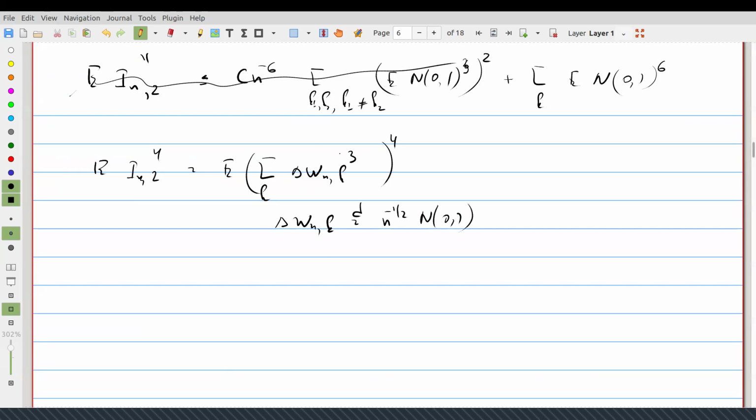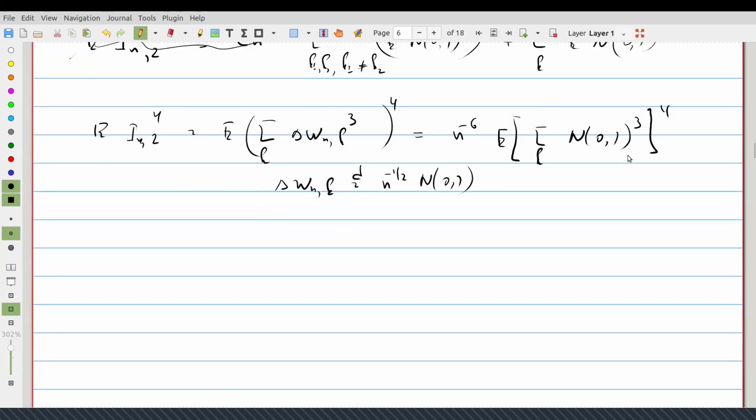So we get this is n to the -6 times the mathematical expectation of the sum of independent terms to the power 4. So it's less than n to the -6.